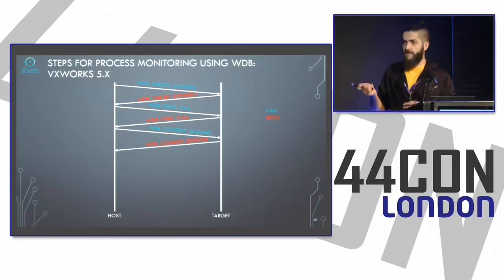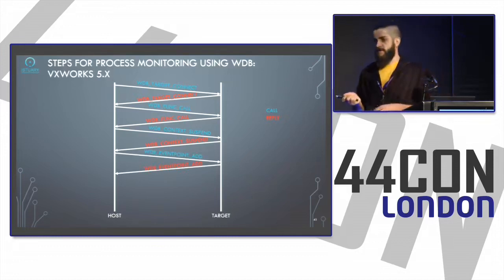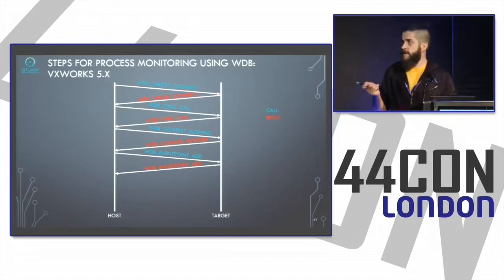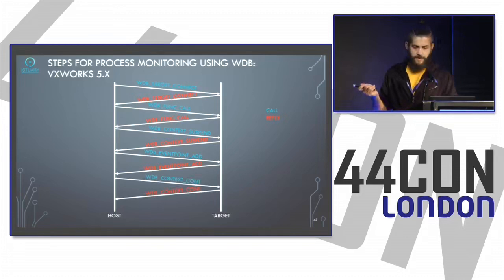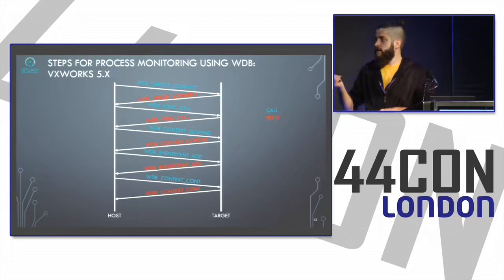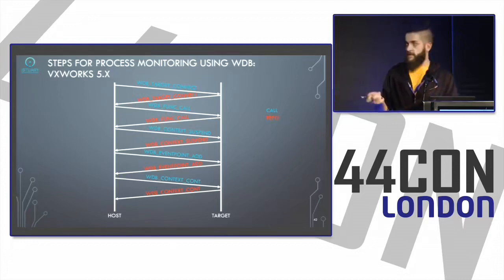First you have to suspend the execution of the task you want to attach to using the WDB context suspend. Then you add a breakpoint at the entry point of the task using this procedure call. And as you suspended it, you have to continue the execution to be able to debug it, so you send the WDB context continue message to the target.